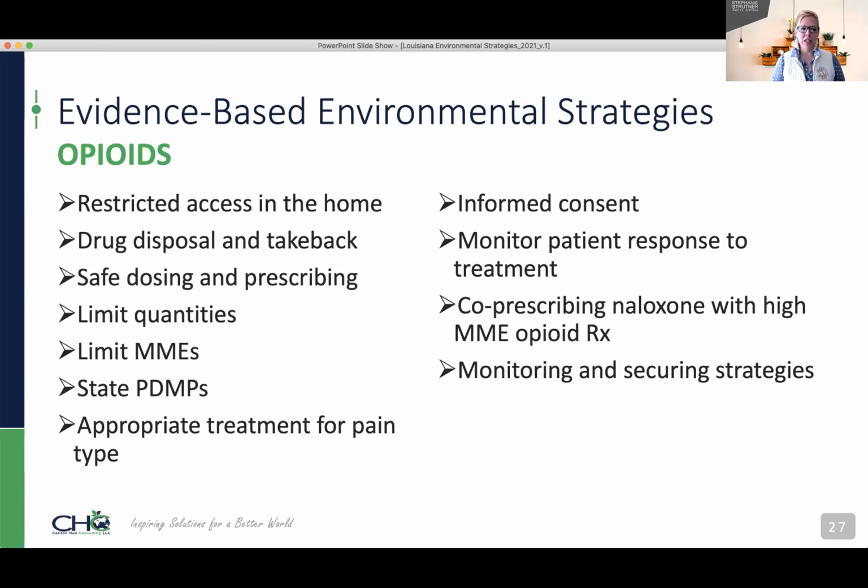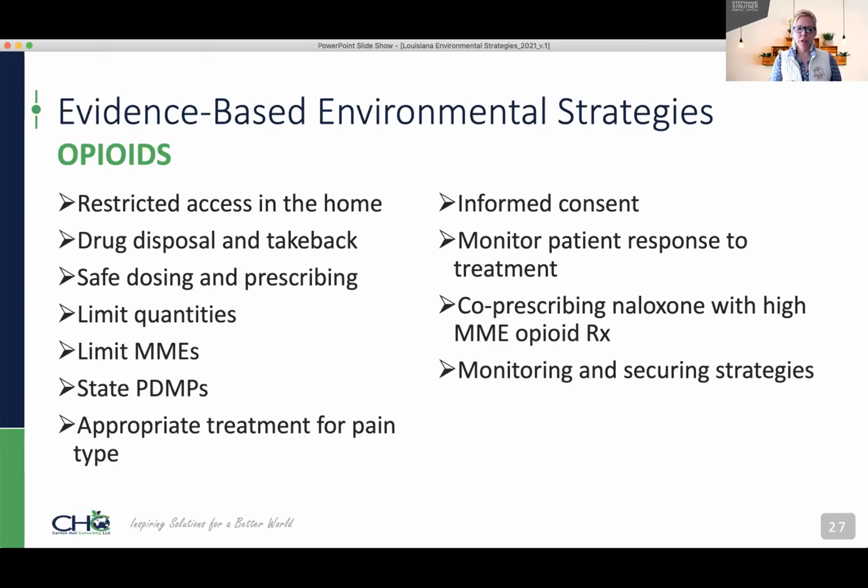Limiting the quantities of opioids that are prescribed, in addition to collaborating with healthcare professionals and those prescribers to limit the milligram morphine equivalents that are prescribed. And so a milligram morphine equivalent we identify as MME, that's the acronym you see on your screen.